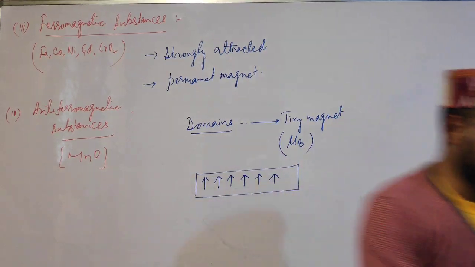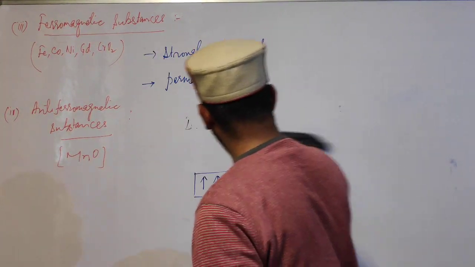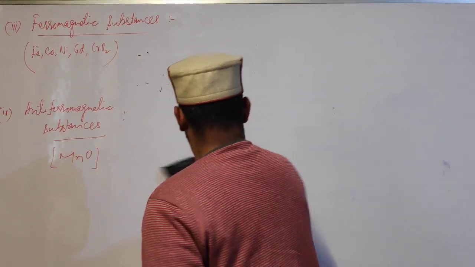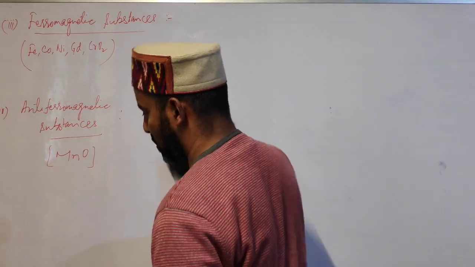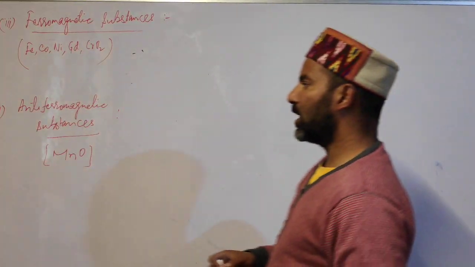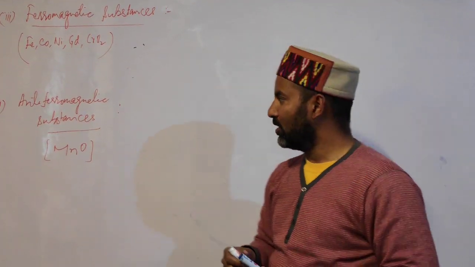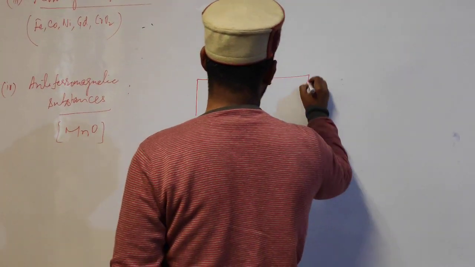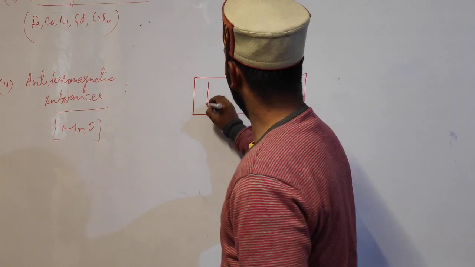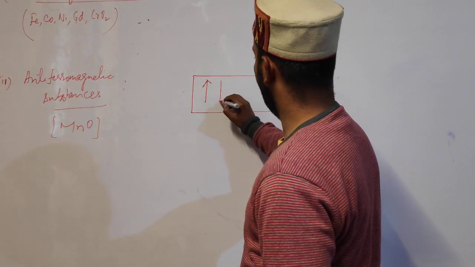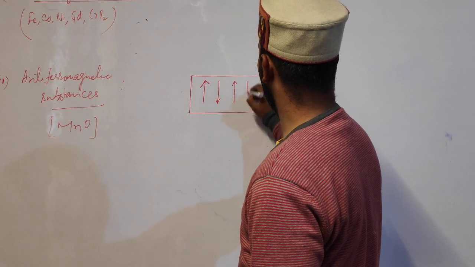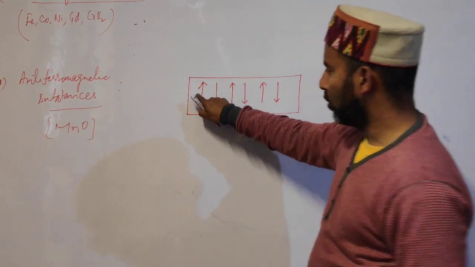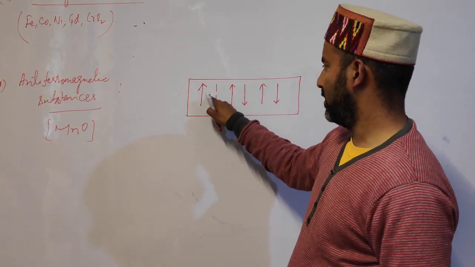These substances also have a domain structure similar to ferromagnetic materials, but in antiferromagnetic substances, the magnetic moments of domains are oriented in a compensatory way. That means we have both parallel and anti-parallel directions of magnetic moments. But see, the magnetic moments of this domain and this domain are cancelled out.